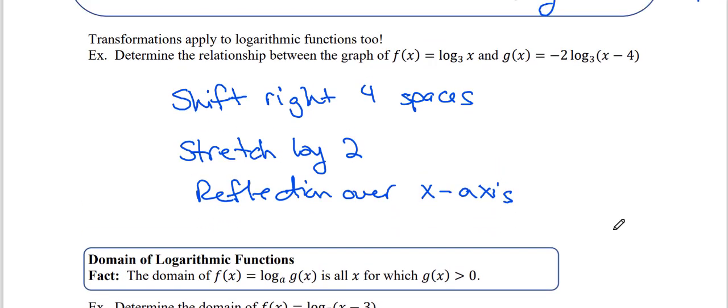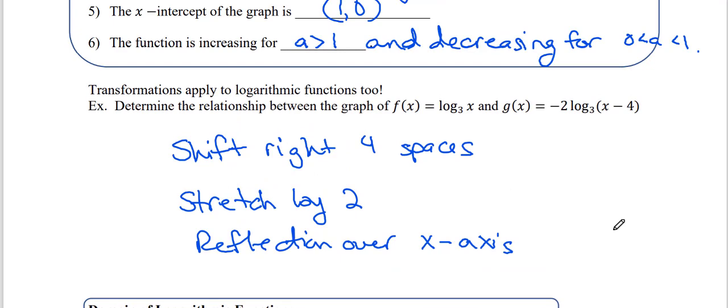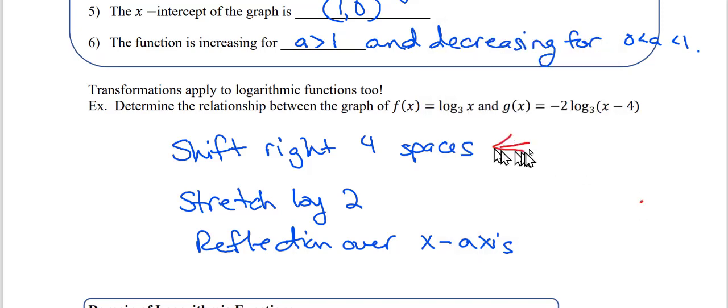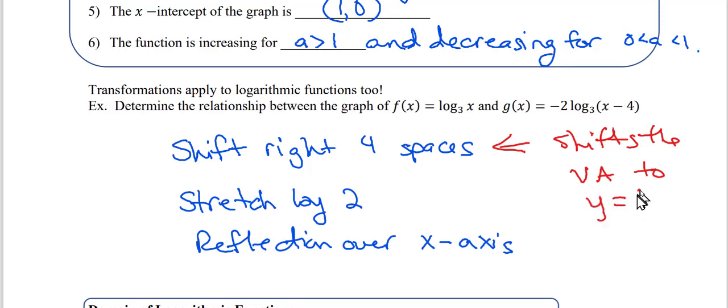Let's talk about the domain of a logarithmic function. One thing that's important there is that the vertical asymptote will shift with this right shift. So this shifts the vertical asymptote to, sorry, not y equals 4, it's a vertical line, x equals 4.